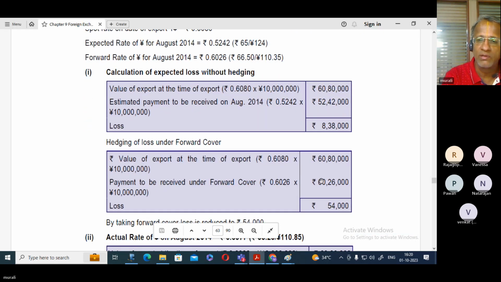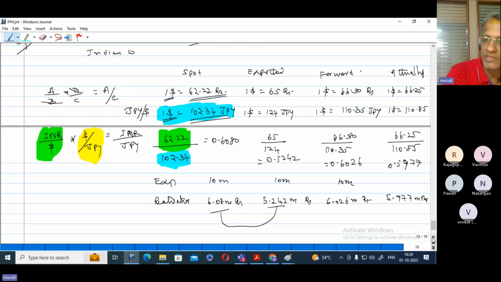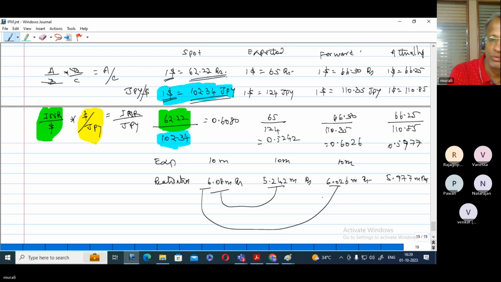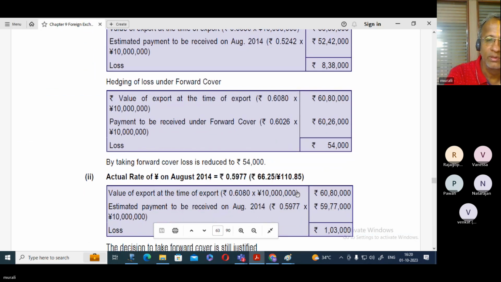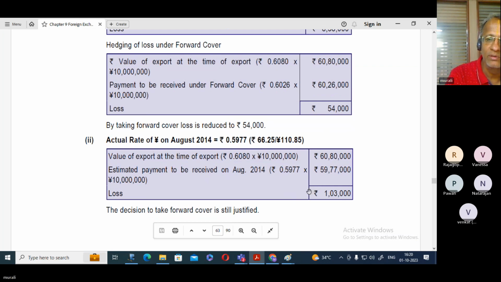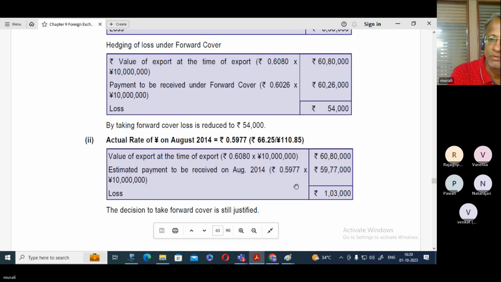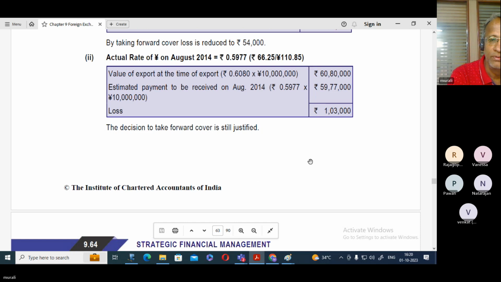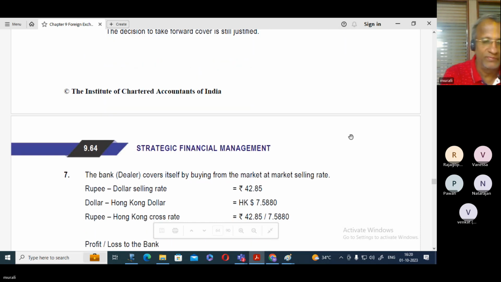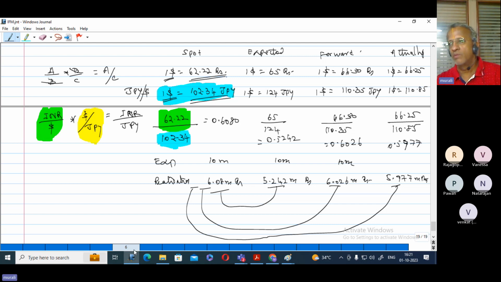Hedging loss through forward cover. A comparison is between these two. Then the actual rate. Correct. Are you clear? Though I have not worked it out in that particular way, we are just bringing out the comparison. Are you clear?